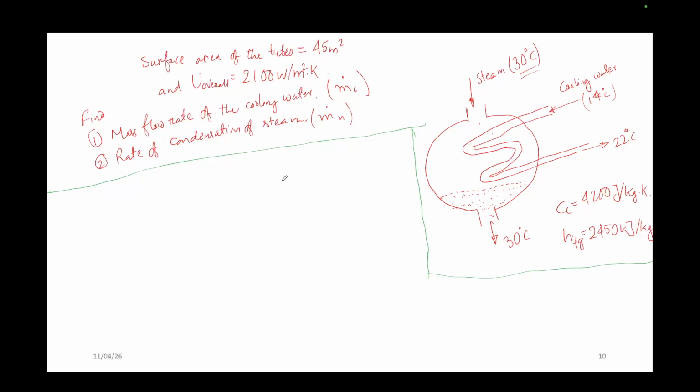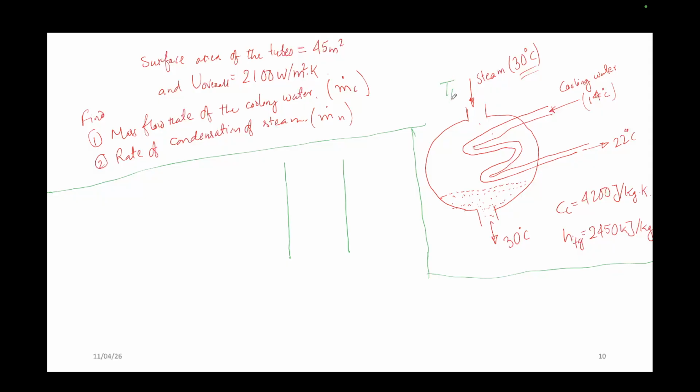So first what I need to do, I need to draw the profile. Hot side, which one is the hot side? Any side. Say this is the steam side, this is the tube side I am considering. So which one will I consider hot side? This one is hot side, right?